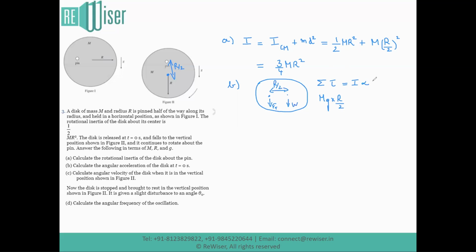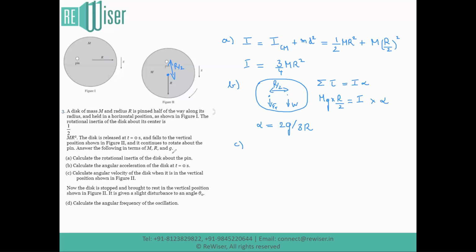This will be equal to the moment of inertia found in the previous part, I times alpha. When substituted and simplified, and we make alpha the subject of the equation, we get alpha as equal to 2 times g over 3 times capital R. Let's move on to part C of the question.